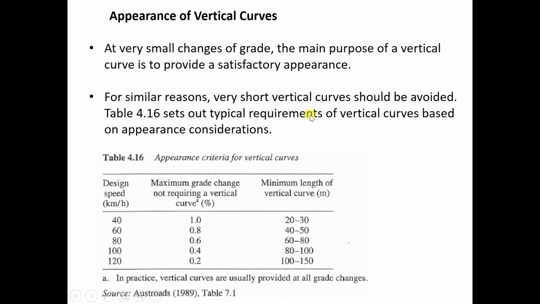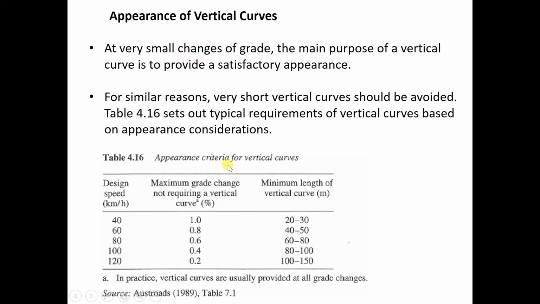If it's very short, that means the change of direction is very abrupt, so we need to avoid that. The curve needs to be a certain length to avoid the lack of comfort.